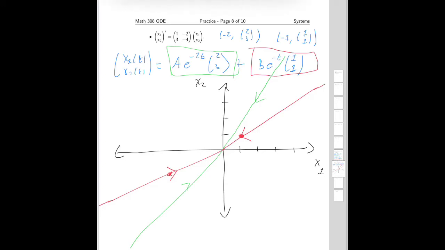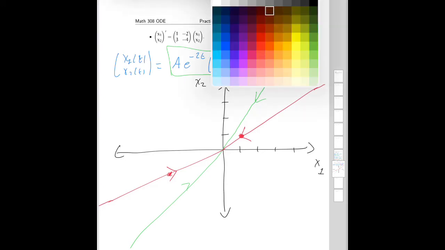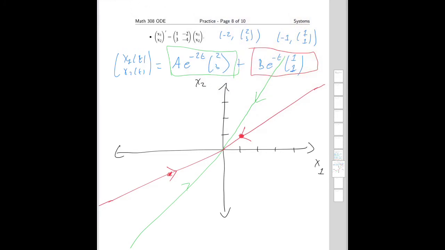Now remember, how do we get the rest of them? How do we draw the phase portrait for, say, a solution that starts here? Well, for very big positive values of t, both the green vector and the red vector are going to be small. But the green vector is going to be even smaller, because e^(-2t) gets small faster than e^(-t) as t gets bigger.